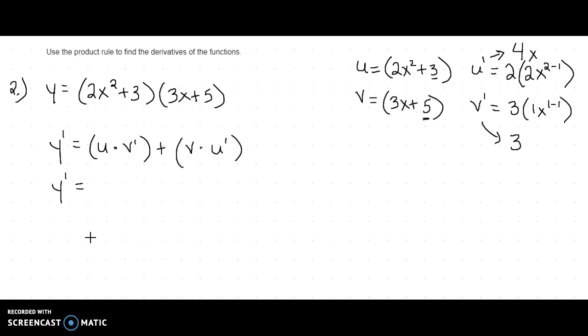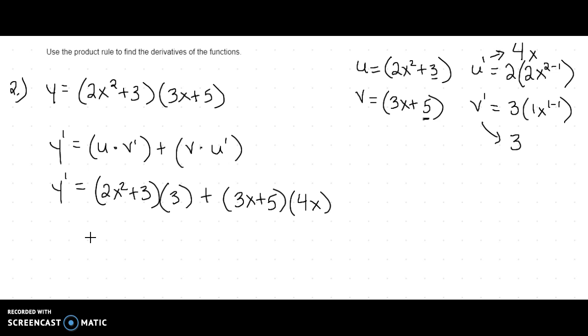Alright, so let's plug this in. So u was 2x squared plus 3, and we're going to multiply that by the derivative of v, which happened to be 3. And we're going to add that to v, which is 3x plus 5, and multiply that by the derivative of u, which happened to be 4x.